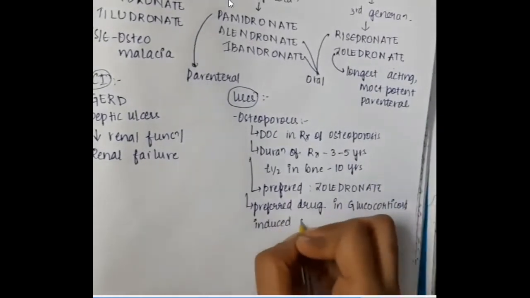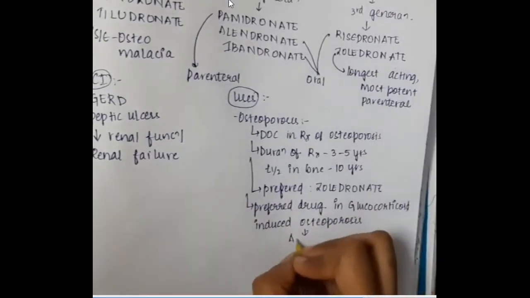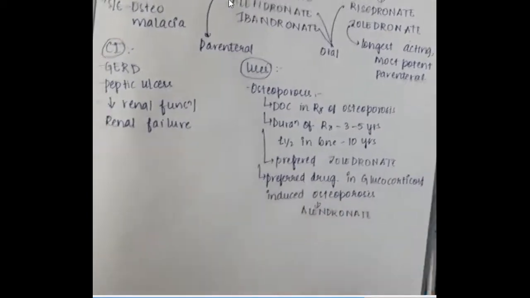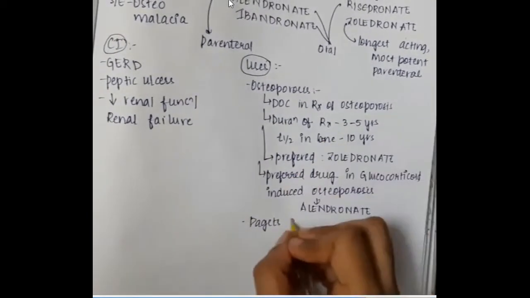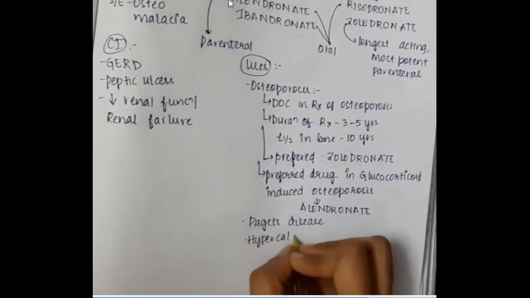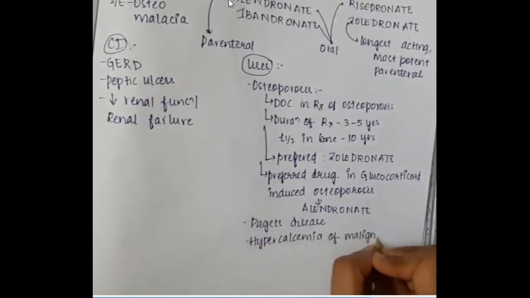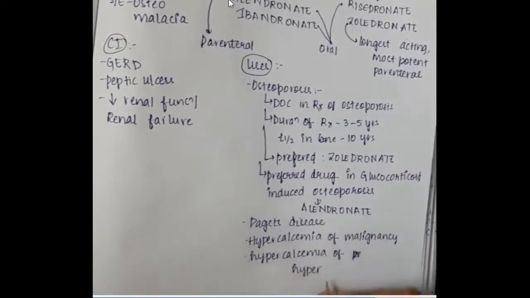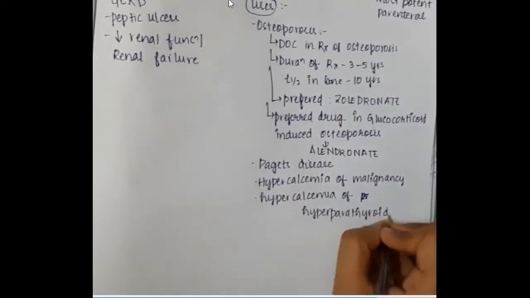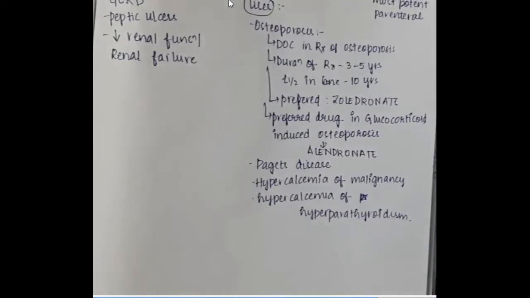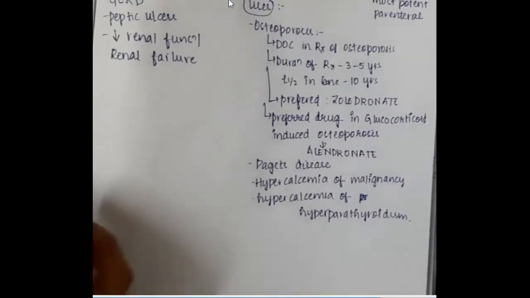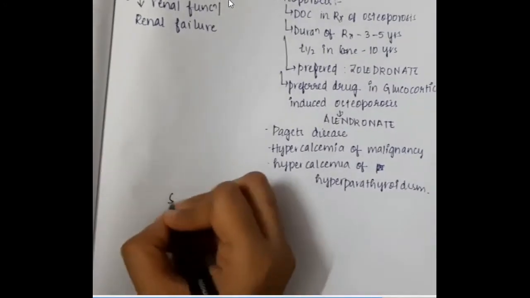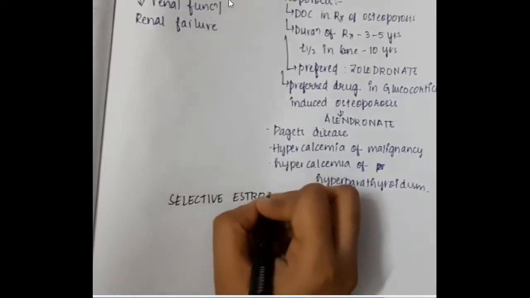The preferred drug in glucocorticoid induced osteoporosis is alendronate. We can also use these bisphosphonates in Paget's disease, hypercalcemia of malignancy, and also hypercalcemia of hyperparathyroidism.